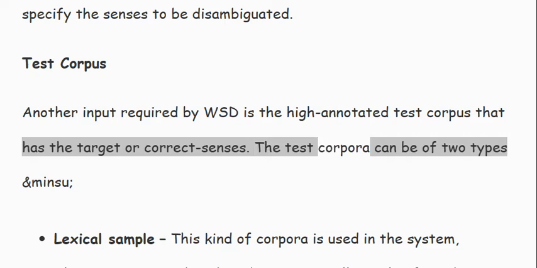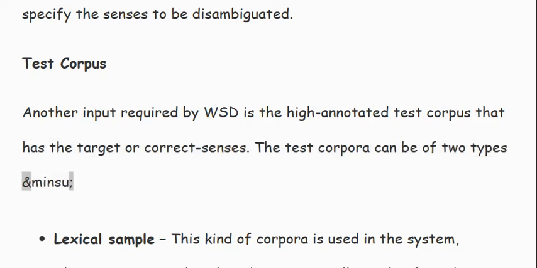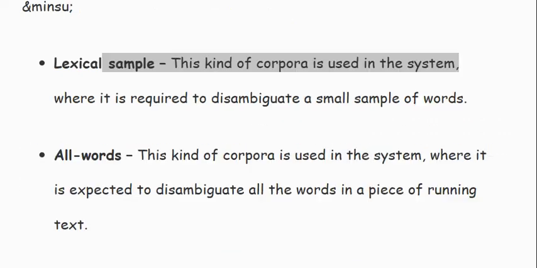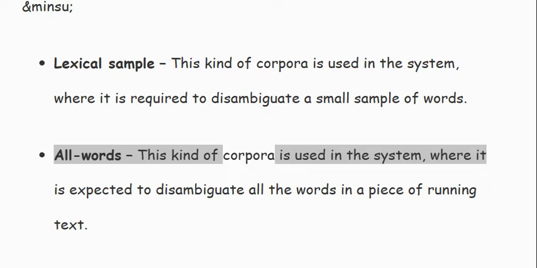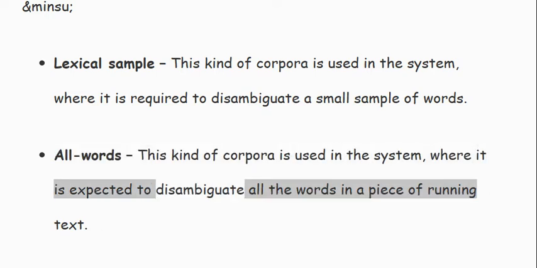The test corpora can be of two types. Lexical sample: this kind of corpora is used in systems where it is required to disambiguate a small sample of words. All words: this kind of corpora is used in systems where it is expected to disambiguate all the words in a piece of running text.